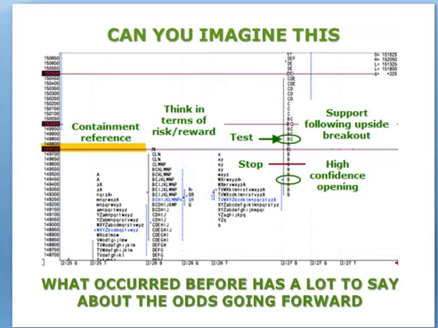And you'll see at the bottom, it says what occurred before has a lot to say about the odds going forward. Anybody that's spent time with me or been to a seminar or webinar has heard that from me many times.